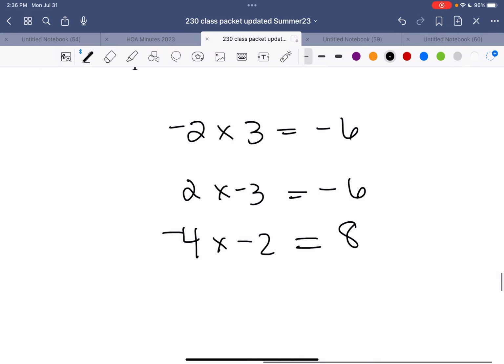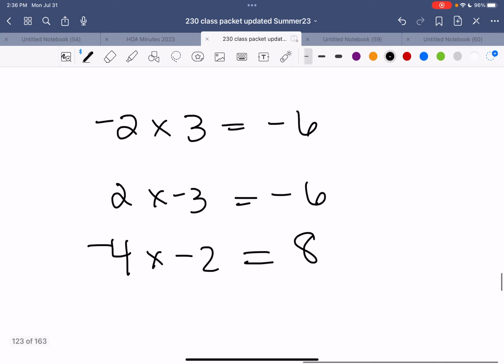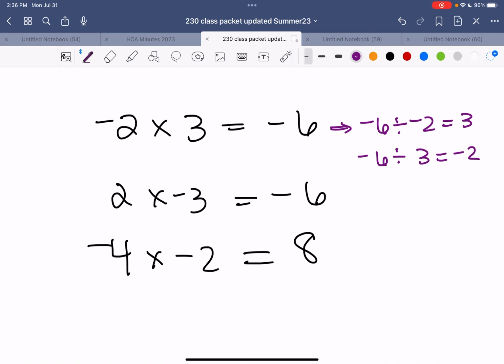Now remember that when we're thinking about division, what we do is we flip this. This would be the same as negative 6 divided by negative 2 is positive 3, or negative 6 divided by 3 is negative 2. You're taking away one of the factors and finding the opposite one.